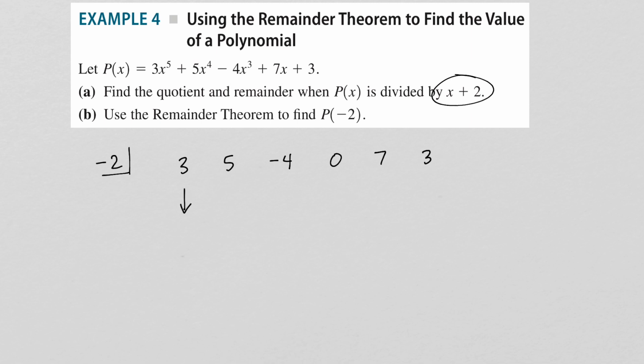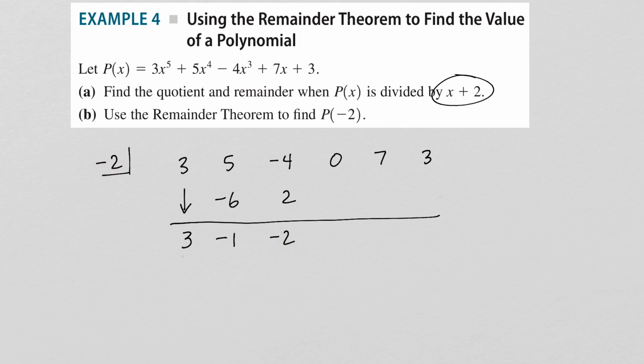First step is bring down the first number, and now we're ready to divide. So synthetic division process says we multiply negative 2 times 3, which is negative 6, and then we add 5 plus negative 6 is negative 1. Next, negative 2 times negative 1 is positive 2. And then we add negative 4 plus 2 is negative 2.